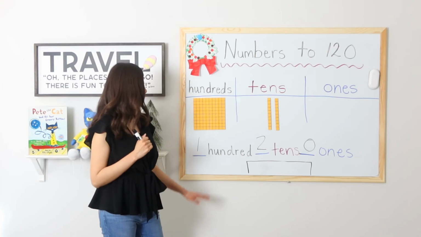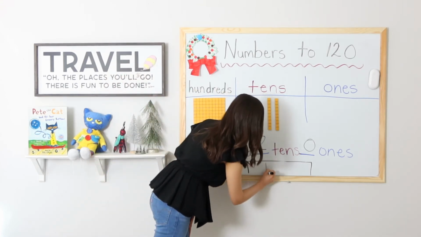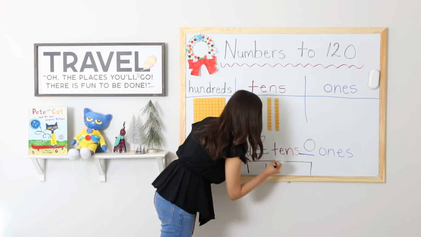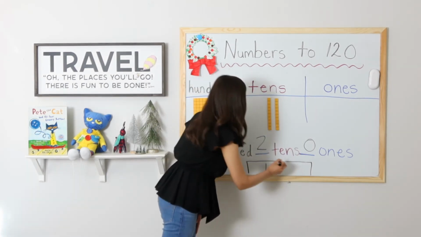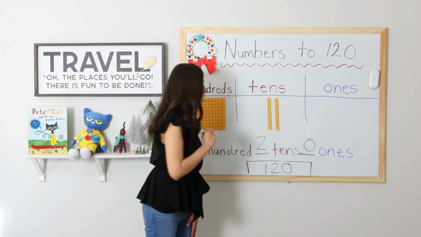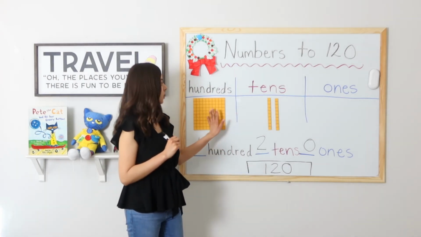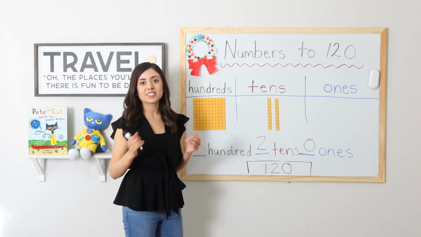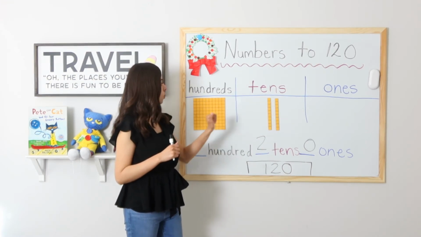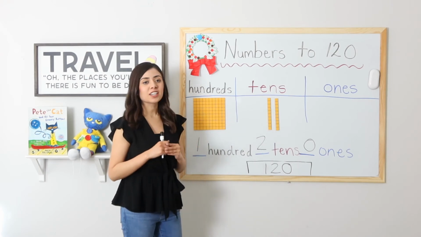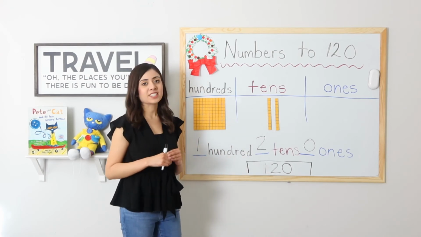So I will go ahead and put 1 in the hundreds place, 2 in the tens place, and 0 in the ones place. What do I have? 120. Is that correct when I count? Let's see. 100, 110, 120. Very good. We have 120.